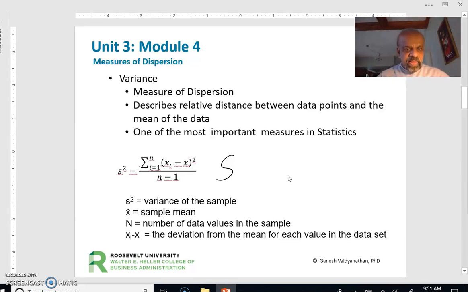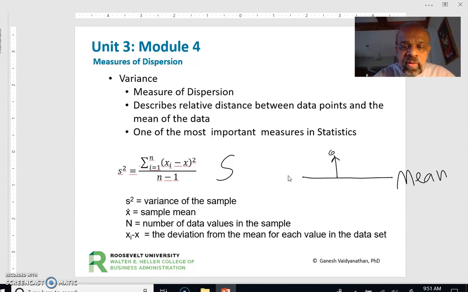And what we are doing for the variance is, if I have this mean, I'm going to calculate the difference. If I have this point and this point, I'm going to find the distance between the mean and these points 1 and 2.